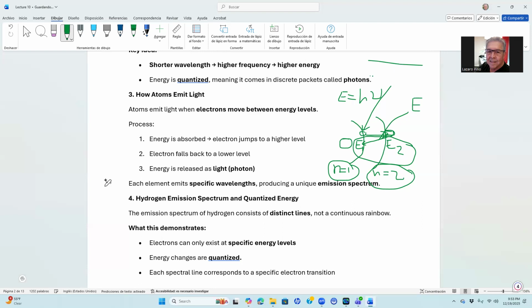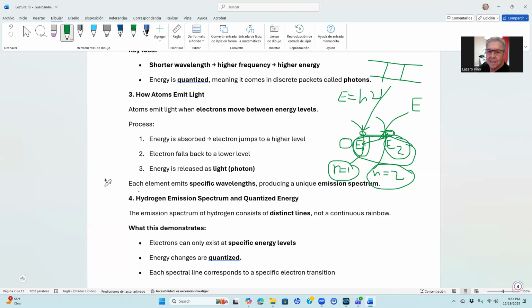The spectrum has lines, and every line represents a transition of one electron from one level to another level.